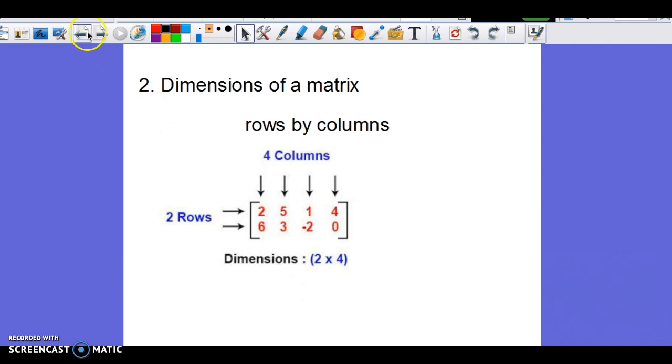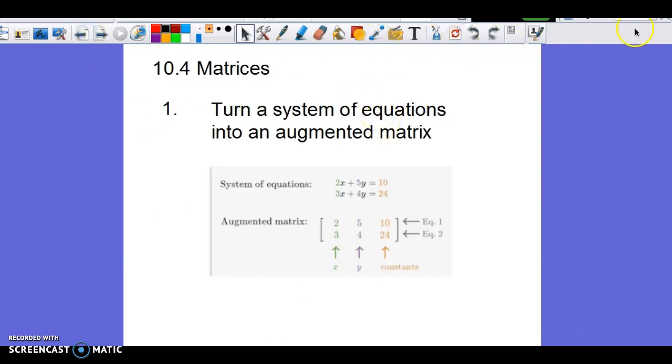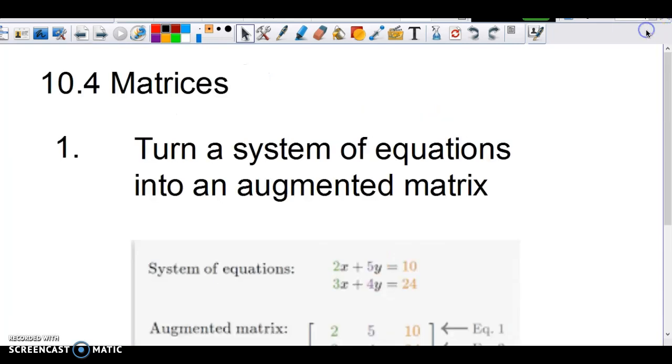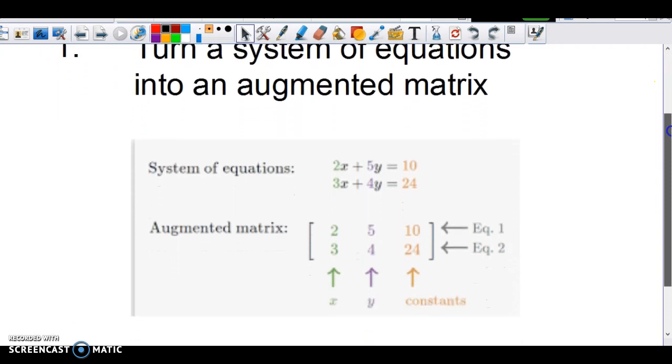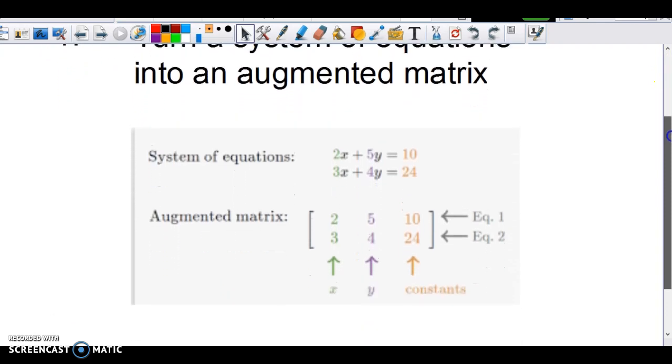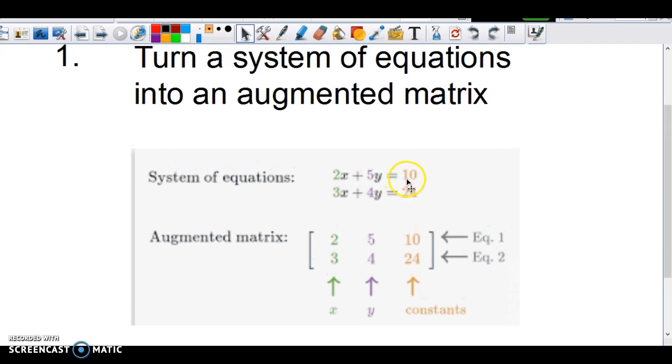Okay, so when you're looking at a systems of equations, let me pull this up here, get a little bit bigger for you. You can look at a system like this with x's and y's and their equations, but you can also turn it into what's called an augmented matrix. That's where you're going to see the value of x, y, and the answer.